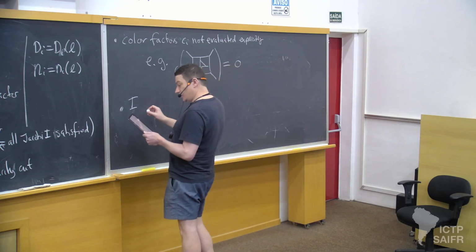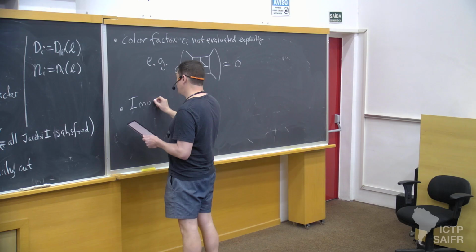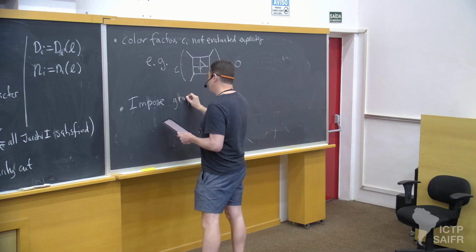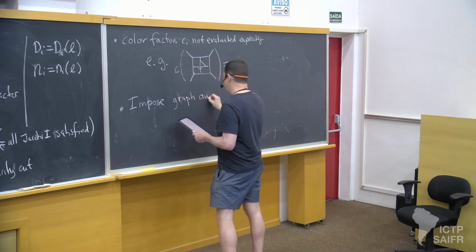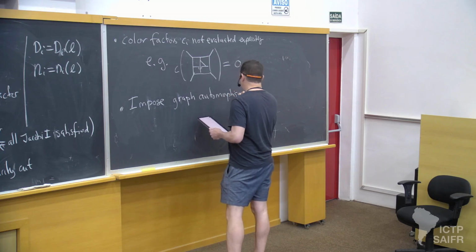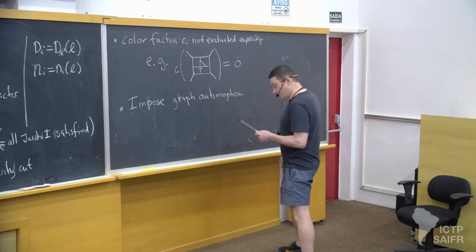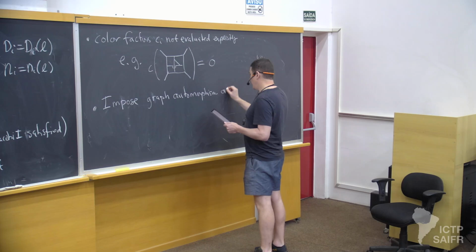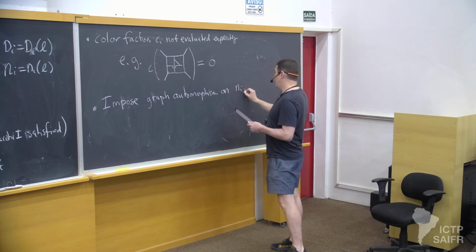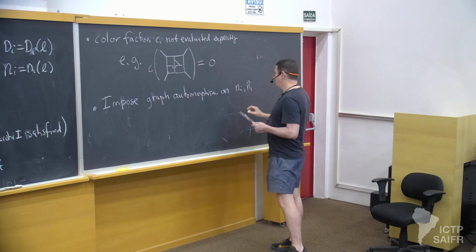And so what you impose is essentially graph automorphisms, or sometimes we just call it graph symmetries. You need to impose those on the functions n, n_i, and n_i tilde.